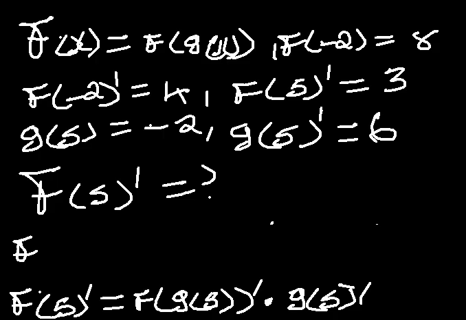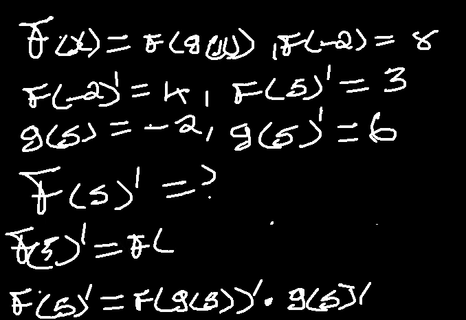So capital F of 5 prime will be given as small letter f of g of 5. g of 5 is given as -2. We have f prime of -2 times what is g of 5 prime.